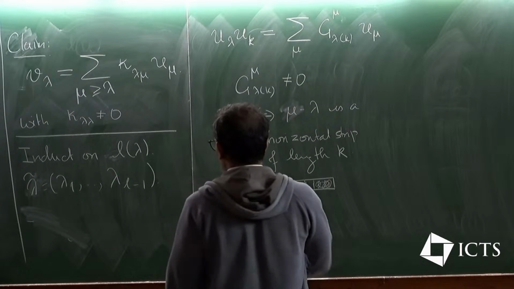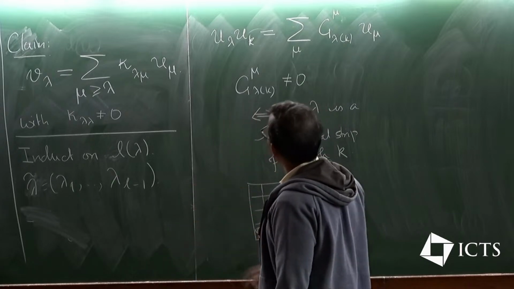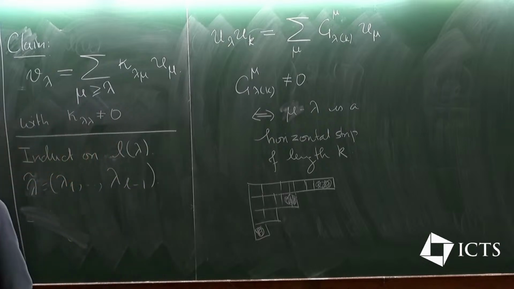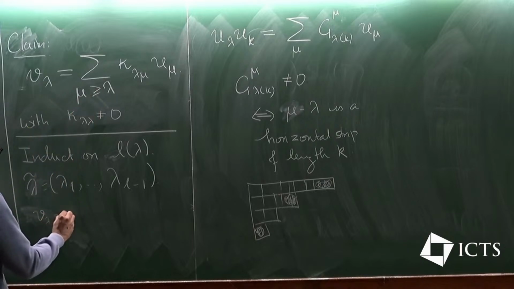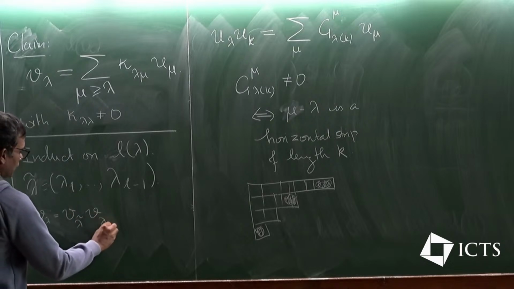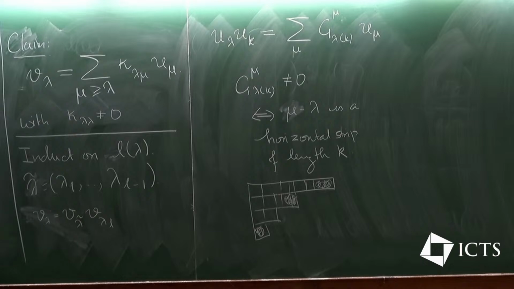And so what you do is, suppose you know this result for lambda tilde, then you can prove it for lambda. So let's look at this: I want to prove that V lambda is of this form, but V lambda is V lambda tilde times V lambda L. Now what is V lambda tilde?